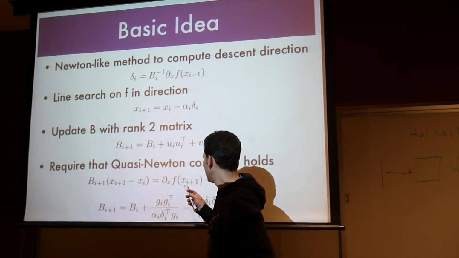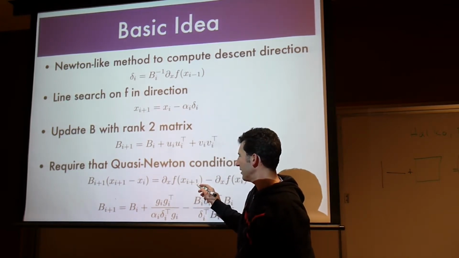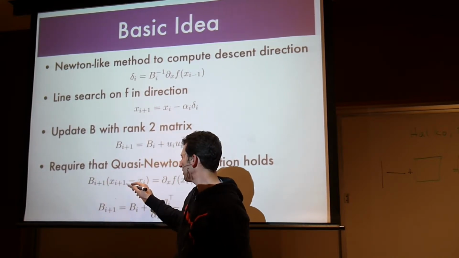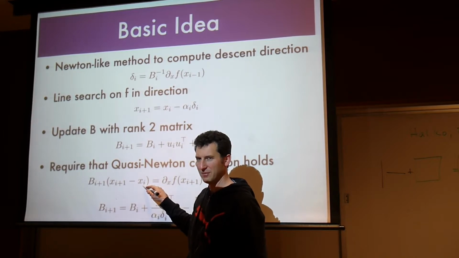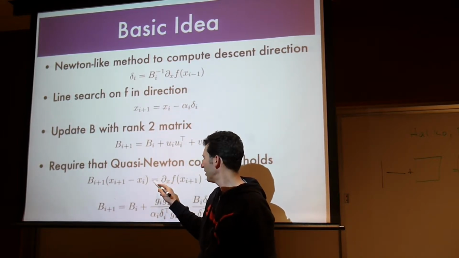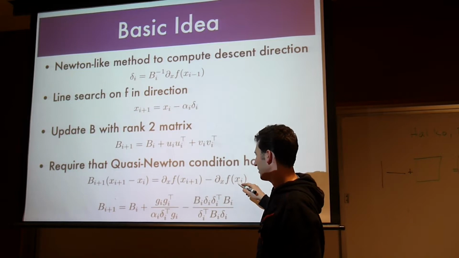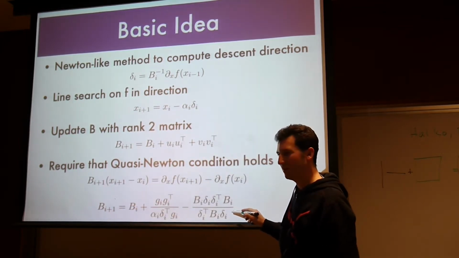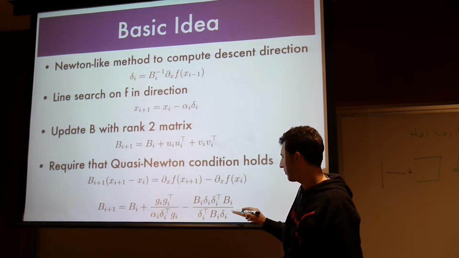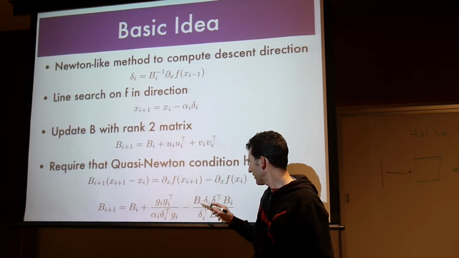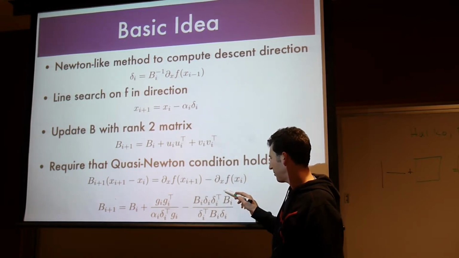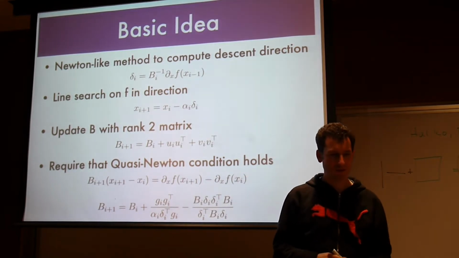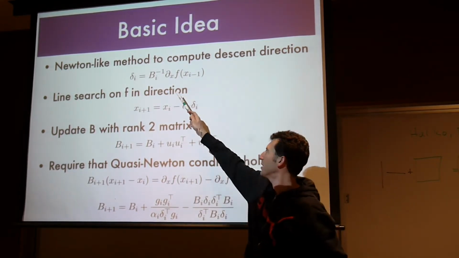The Taylor expansion of the gradient is given by the second derivative of my objective function times the difference in the points where I evaluate, plus some higher order terms. I'm going to do a backwards reasoning here. And then if you do a little bit of algebra, you can see that this is the update for B_i. That's really useful because now these operations can possibly be done fairly cheaply, and the factorization for B_i can also be done efficiently, because at the end of the day, up here I need to invert this.